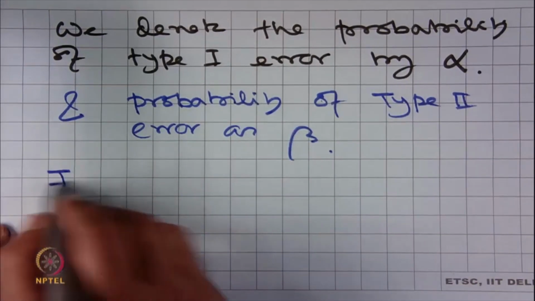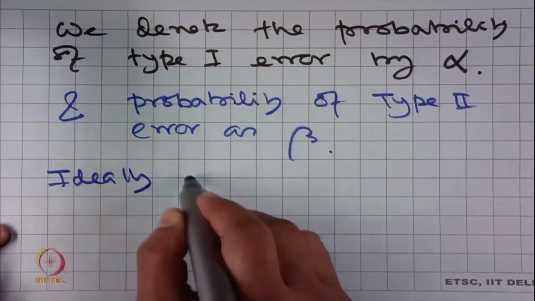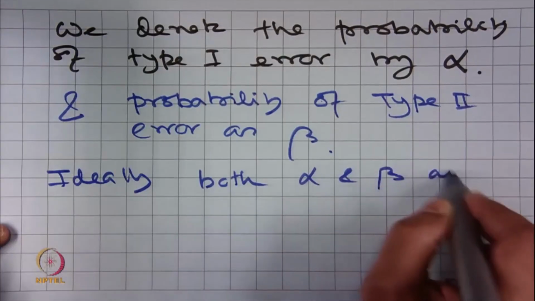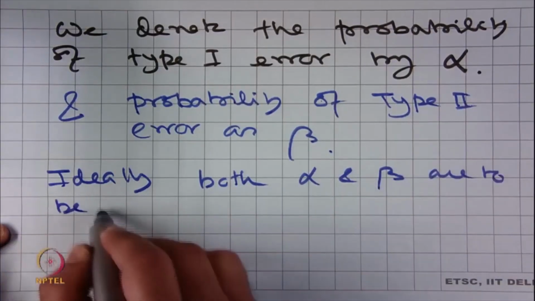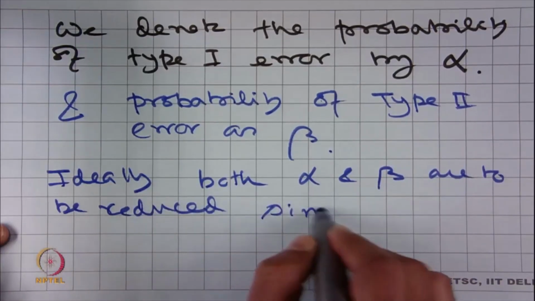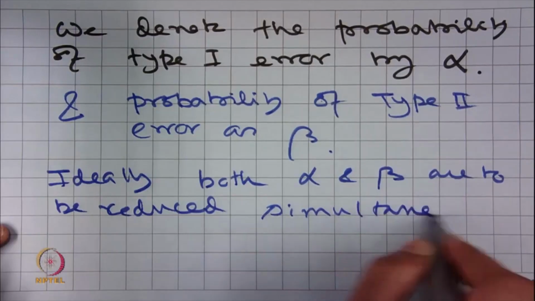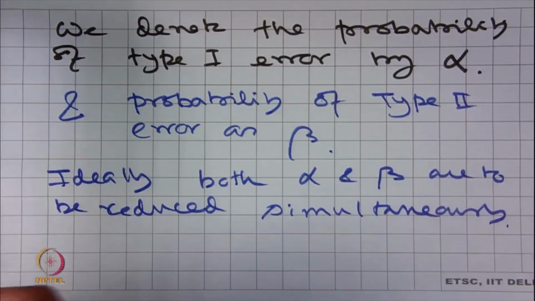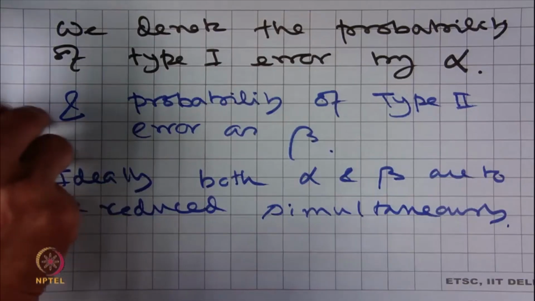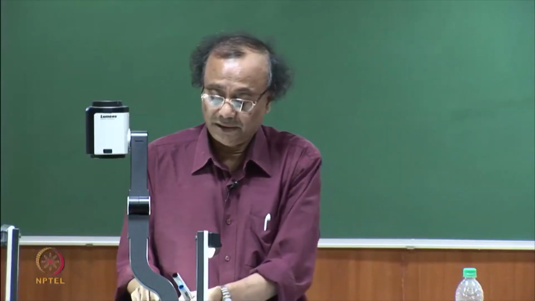Ideally, both alpha and beta are to be reduced simultaneously. But as we have just seen, that is very difficult. So, what do we do? We have to come to a compromise.